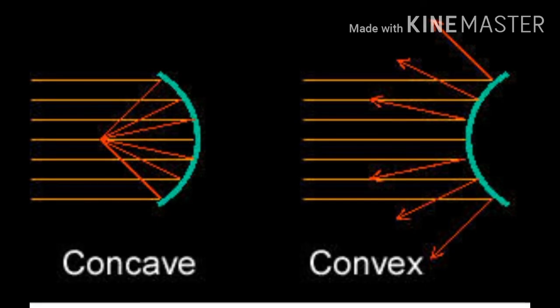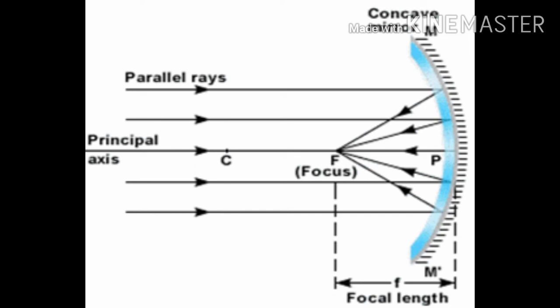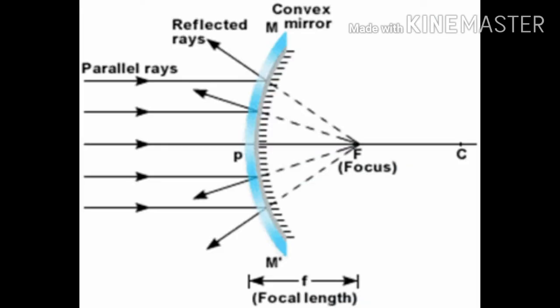In a concave mirror, light rays converge to a single point, and in a convex mirror the light rays seem to diverge from a common point.